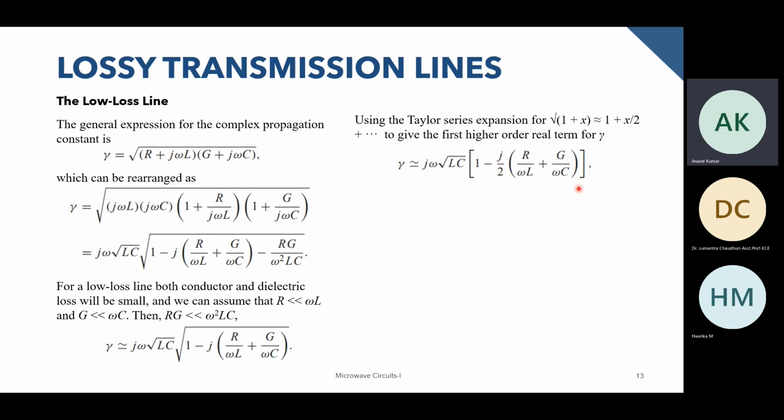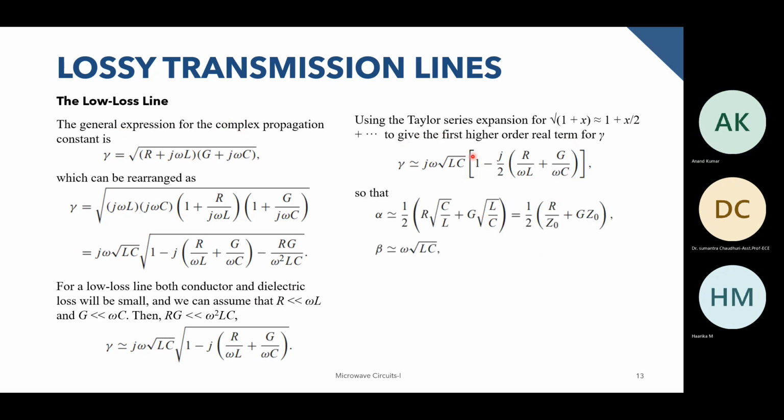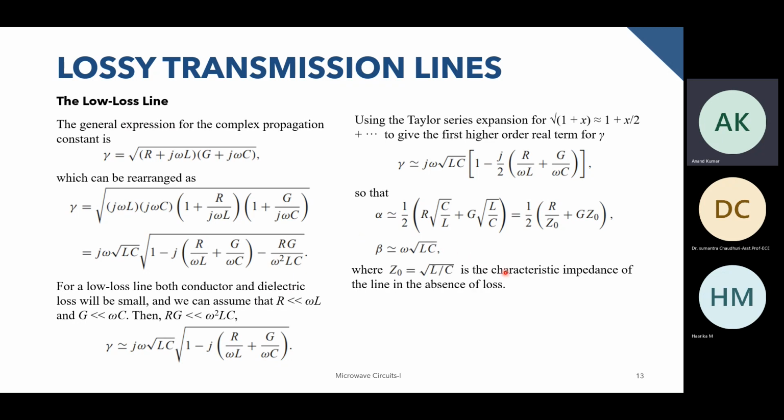So this is the propagation constant for a low loss line. From this, we can now separate the real and imaginary parts. As it turns out, alpha comes out to be half of R by z naught plus G z naught, and beta comes out to be omega root LC. So this remains the same as in the case of the lossless line.